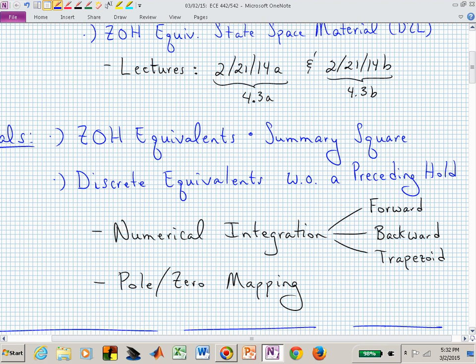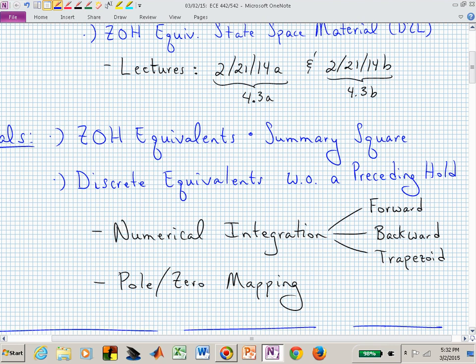Then we will step into the other ways of finding discrete equivalents, and we'll categorize those into 2 different categories. One set are discrete equivalents, and we will actually develop 3 different ways of doing discrete equivalents using numerical integration techniques, and then we'll look at pole zero mapping. How do we find discrete equivalents using pole zero mapping?